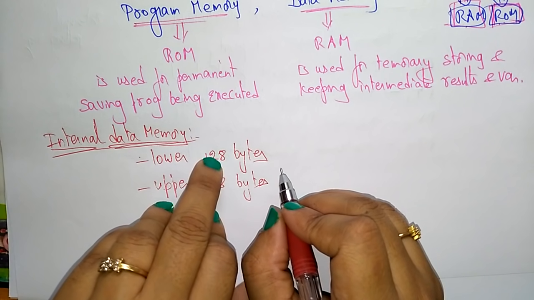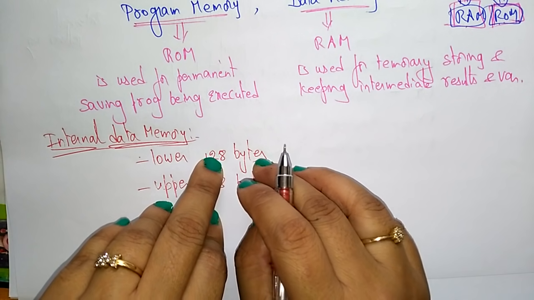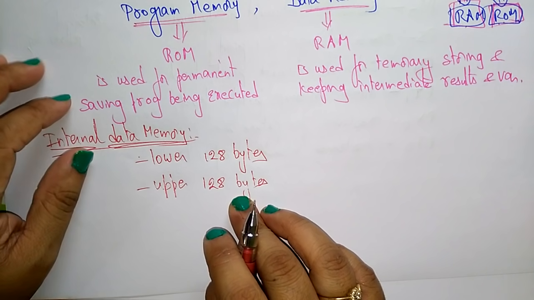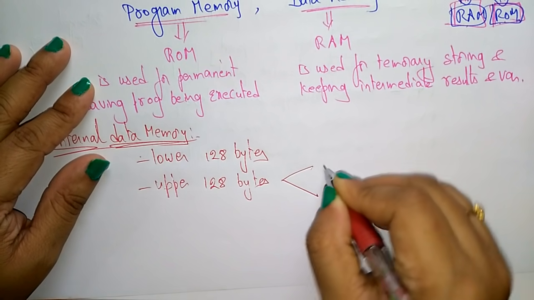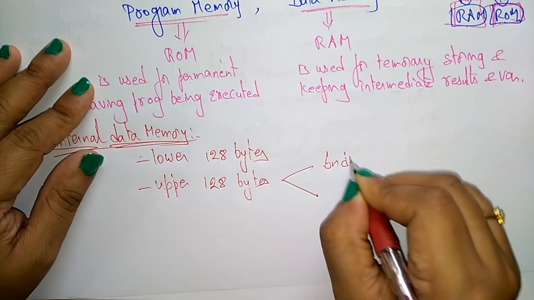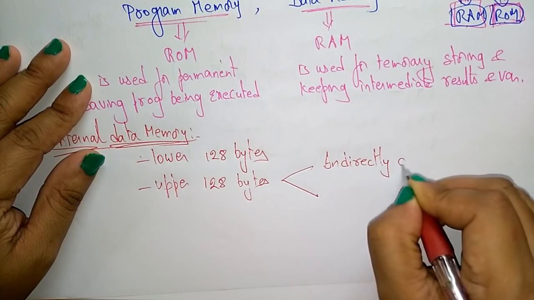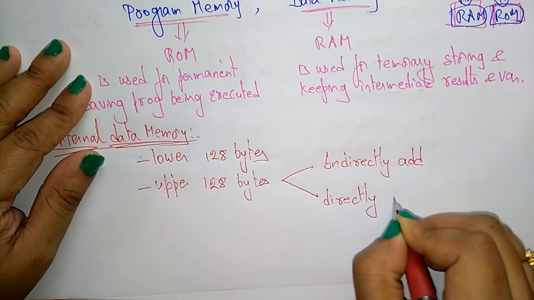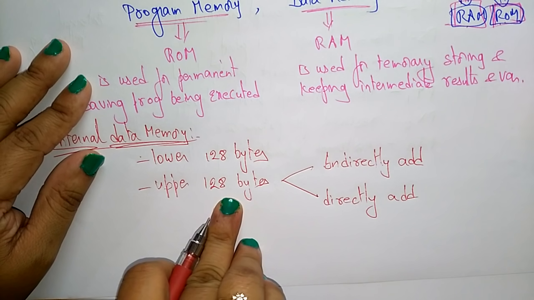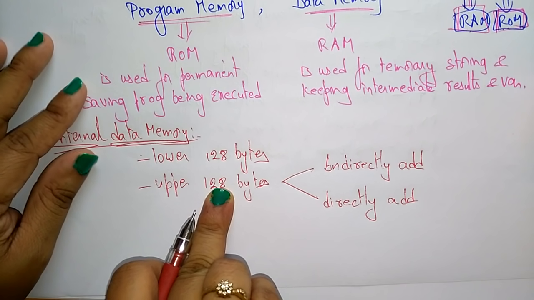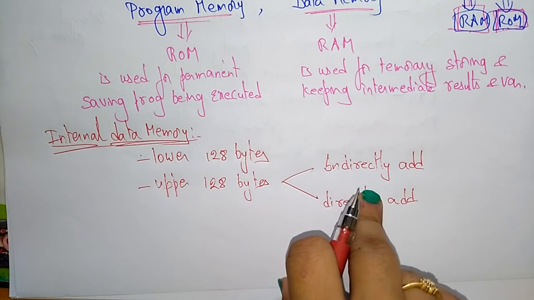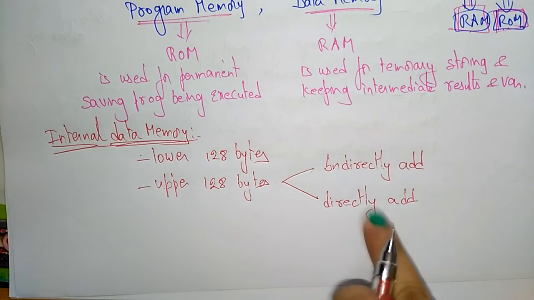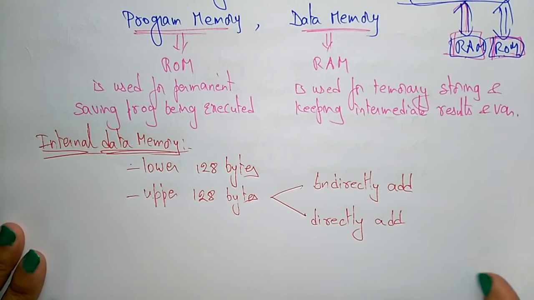So lower 128 bytes is used for general registers and general data will be stored, whereas the upper 128 bytes is again divided into indirectly addressed and directly addressed. So in the upper 128 bytes we can store the direct address or indirect address. The indirect address 128 bytes is used for stack and this is used for the special functions. So that is about the internal data memory.